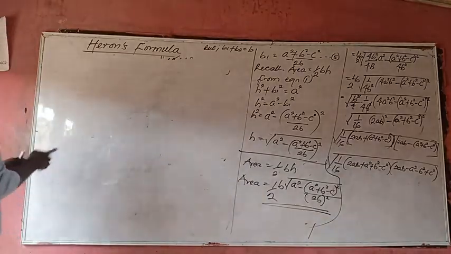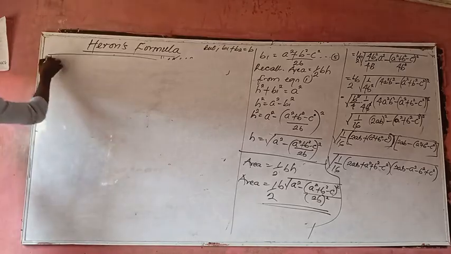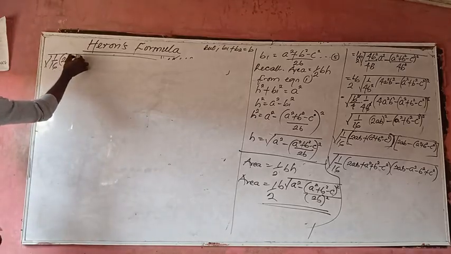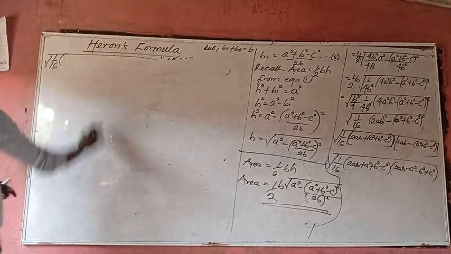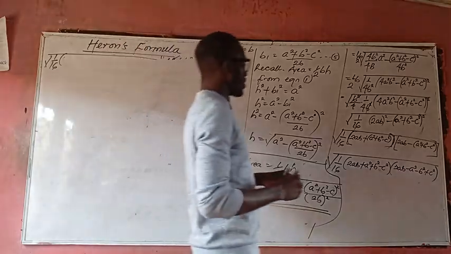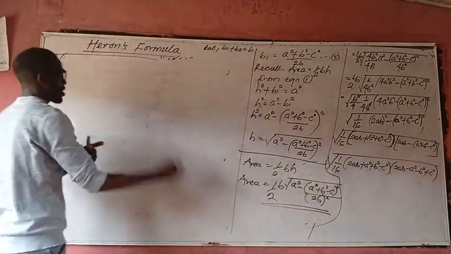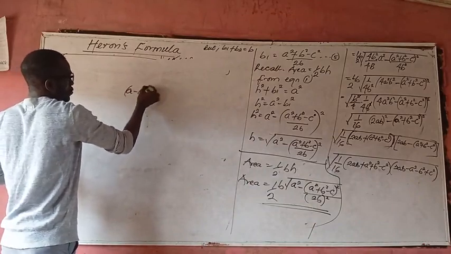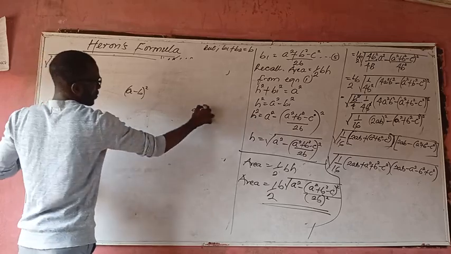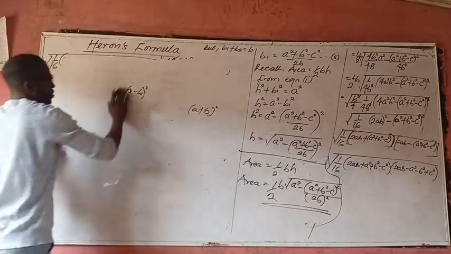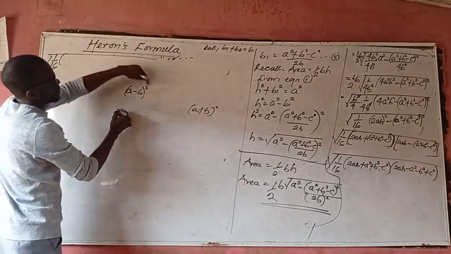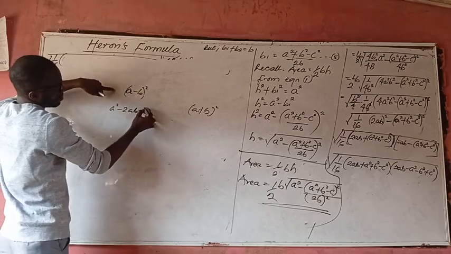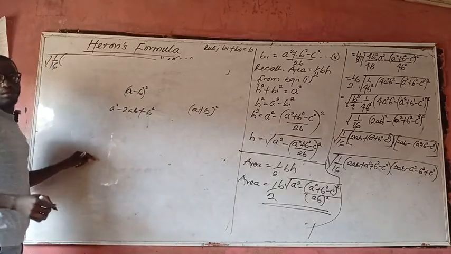So what we have there is the square root of 1 over 16, 2ab. Look at what I'll do. I'll rearrange this thing. If I take a minus b all squared and a plus b all squared, if I want to square this thing, what will it give me? Square first guy, a squared minus 2ab plus b squared.